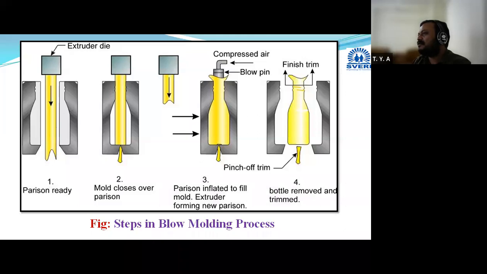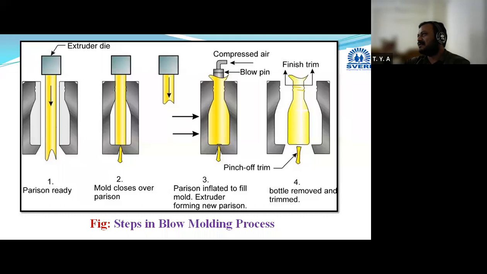Okay, depending on the type of blow molding process used, the finishing operations are required. Okay, there are three types. In some blow molding processes, no extra material will be attached, means no flash or no pinch off will be there, so it does not require any trimming operation or finishing operation. But in some types of the blow molding process, it is required. That we will discuss in the brief classification and subtypes.